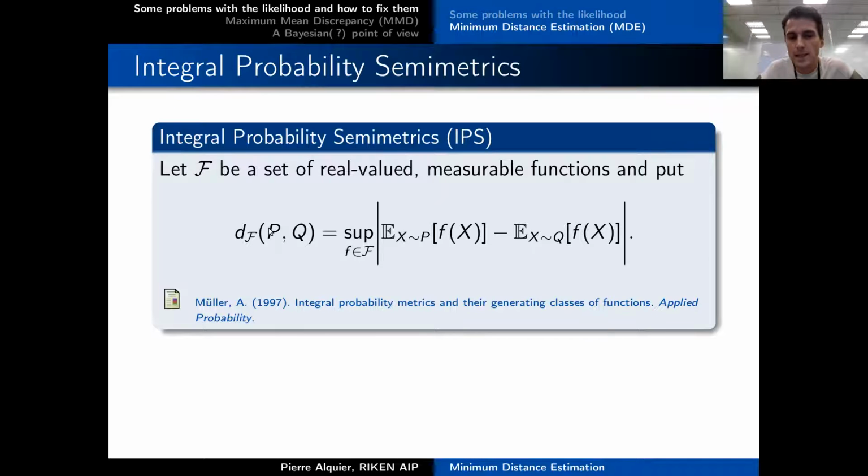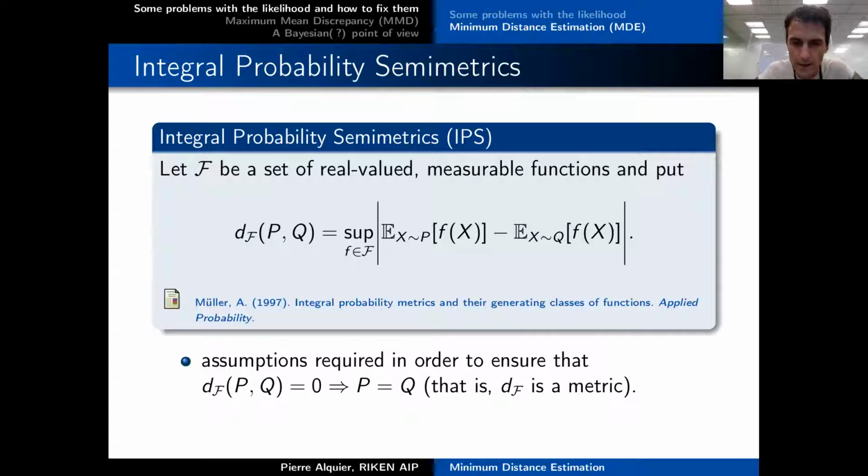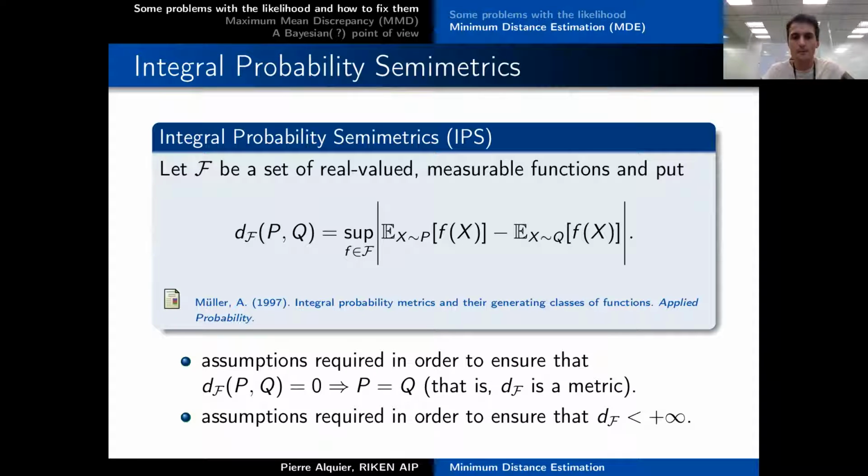So the distance between two distributions P and Q is defined as the maximum discrepancy between the expectation under P of f of x and the expectation under Q of f of x, when f is any possible function in a family F. Okay, so if F is well chosen, this is actually a metric, and I will discuss that in the examples we will discuss later. And of course, there are also assumptions on the family F such that this distance is finite, but all this will be discussed when I come to specific examples.